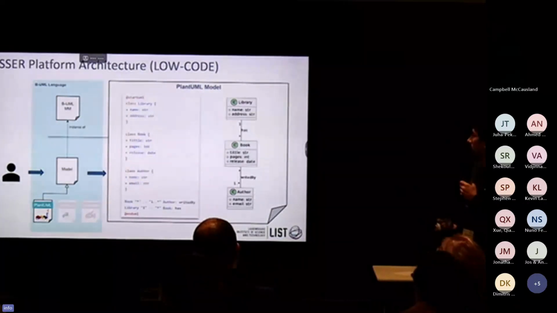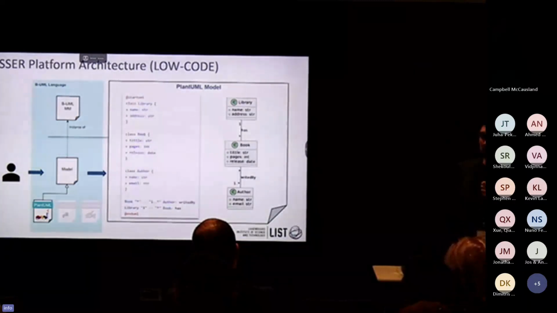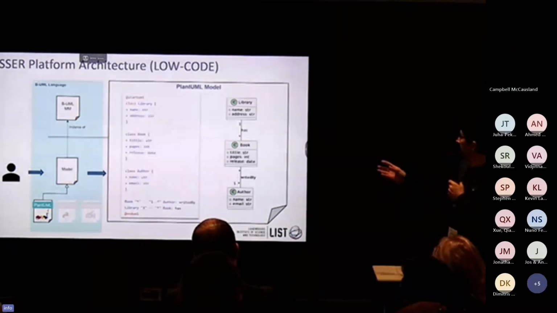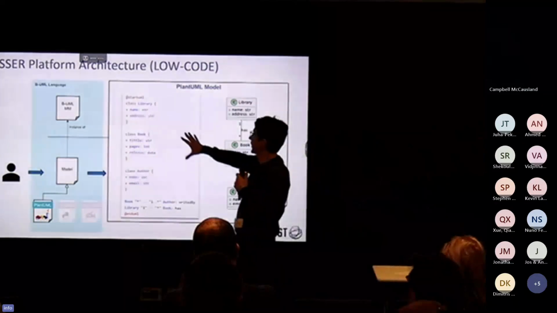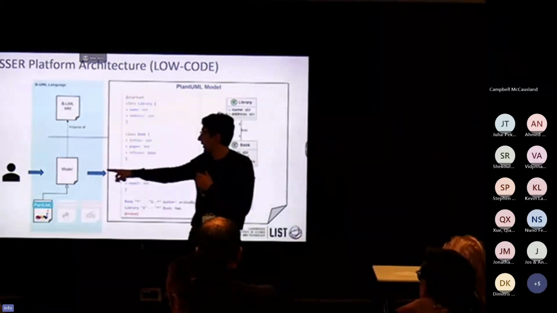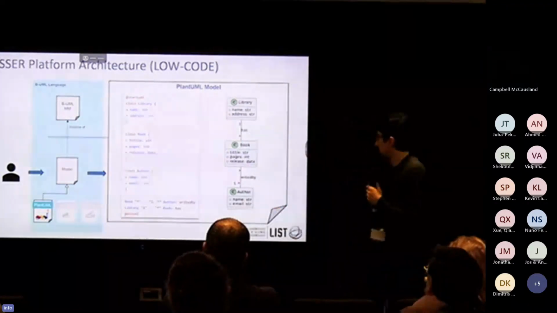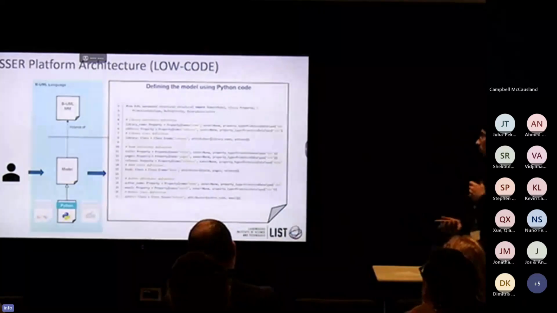As you know, PlantUML is a very popular tool to design UML diagrams using code. BESSER takes this code and internally transforms it to a model that is an instance of our BAML language.